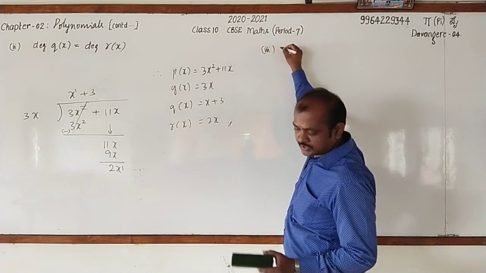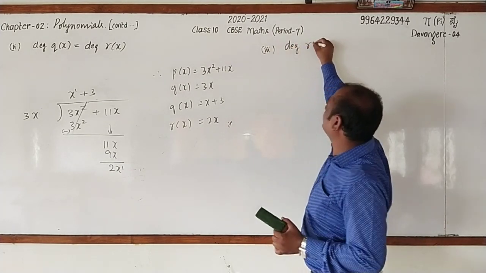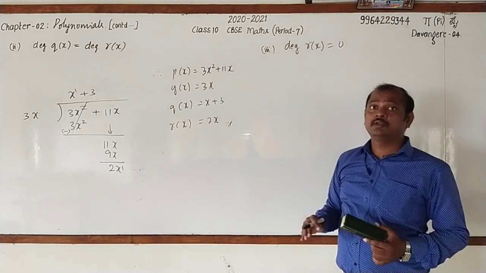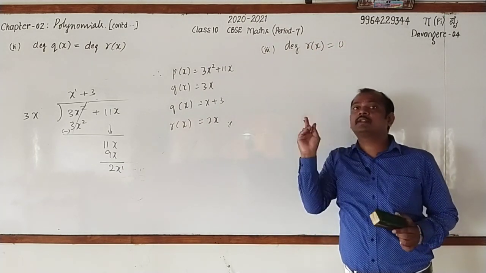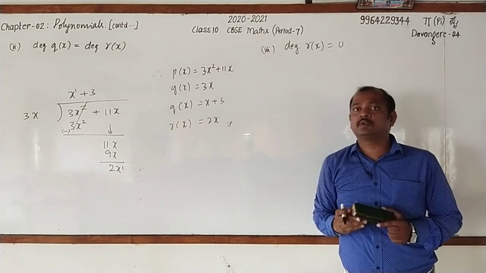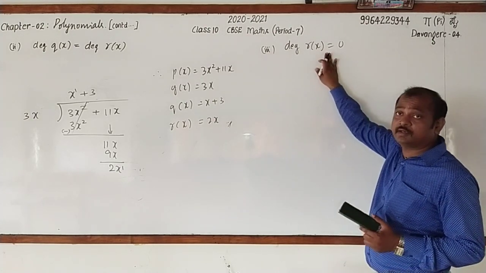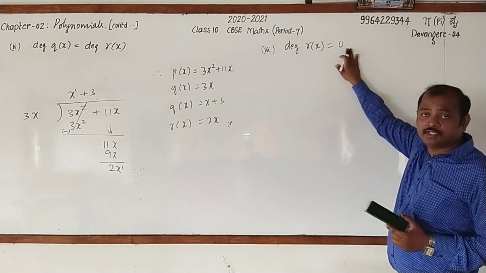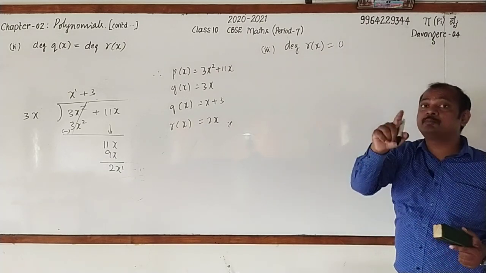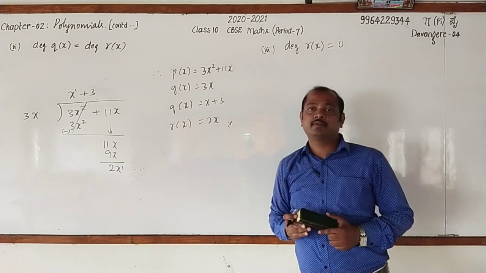Third one is, it has been given that degree of R of x is 0. Degree of remainder 0, but remainder is not equal to 0. Clear? What is the meaning of this? Degree of remainder R of x is 0. It means the remainder should be a constant polynomial. Right?